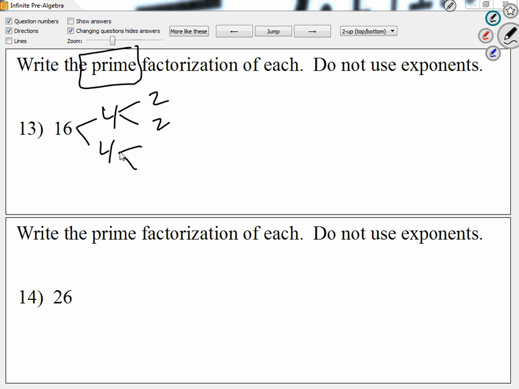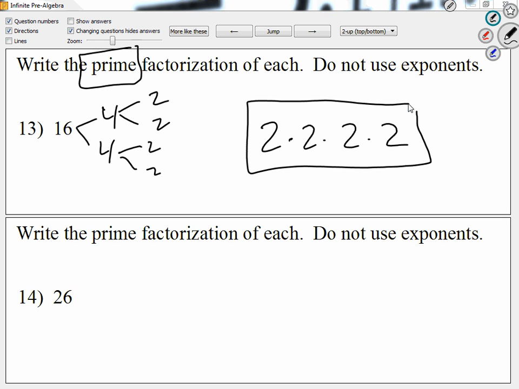At the bottom 4, I'm assuming you guys will also go 2 and 2. Both of them are prime. So what I will write for my prime factorization, I'm going to write 2 times 2 times 2 times 2. Right? Product of prime numbers. If we multiply this, 2 times 2 times 2 times 2, it should be 16. So I'm multiplying prime numbers to come out to 16. That's basically what prime factorization means.